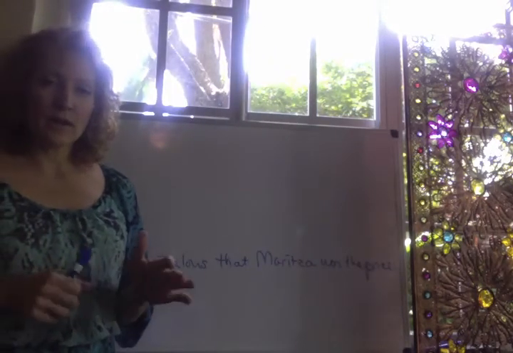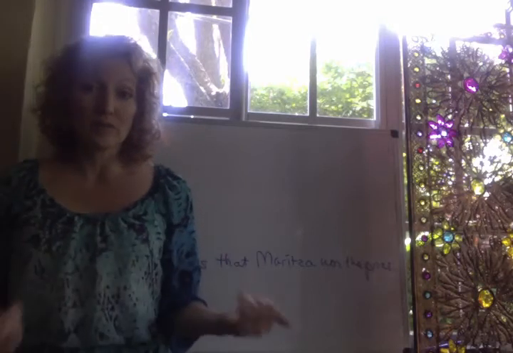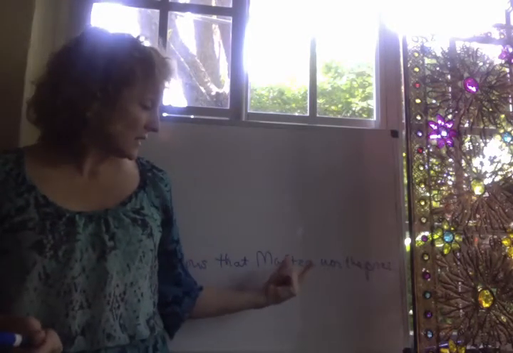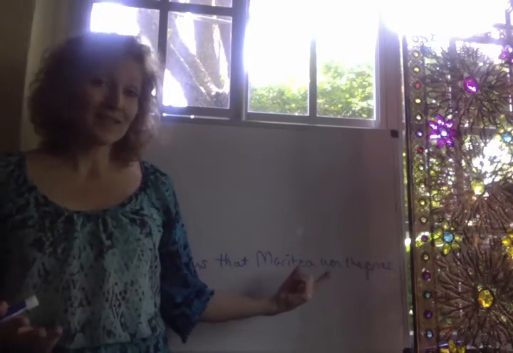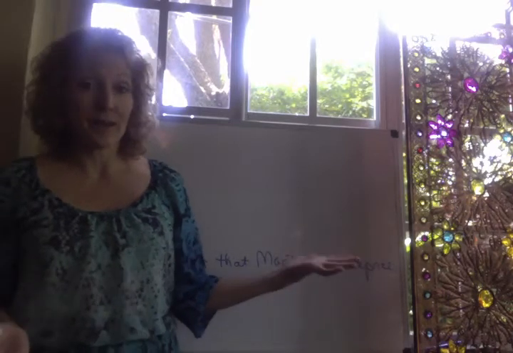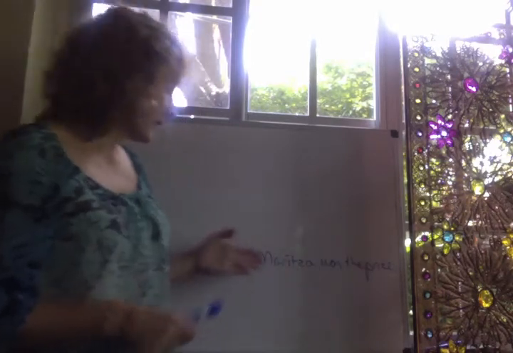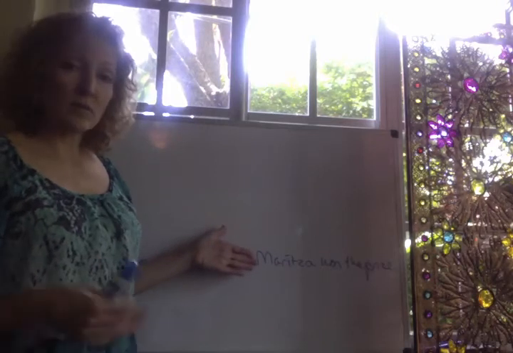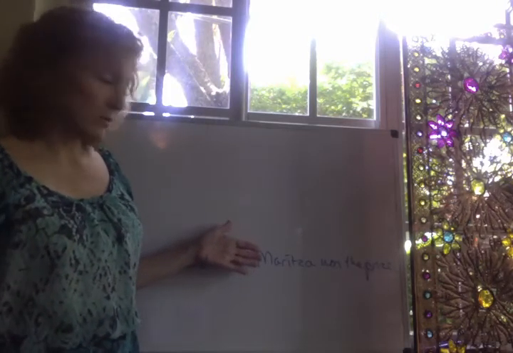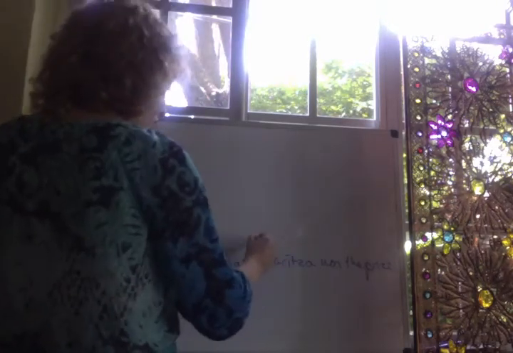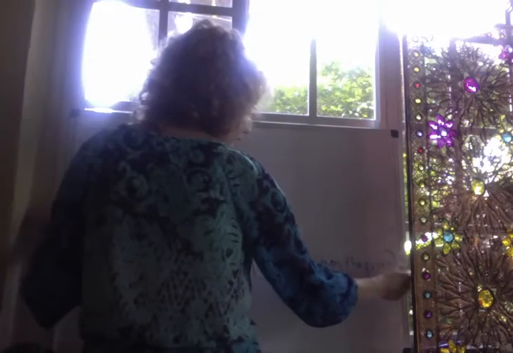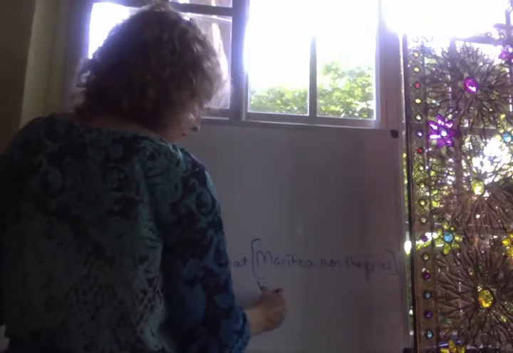What's going on here? We know that we're talking about this in terms of embedded clauses because Maritza won the prize could itself be an independent sentence. Could have just had that in the conversation. Maritza won the prize. I wonder why, blah, blah, blah. So Maritza won the prize is an embedded clause structure, and you can identify that.